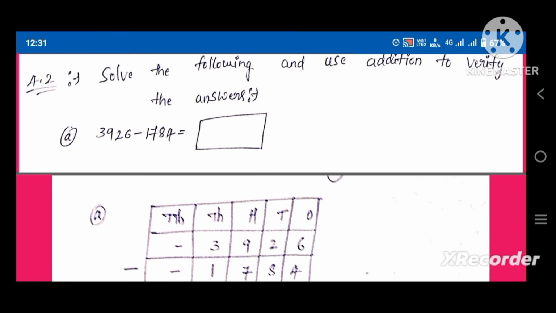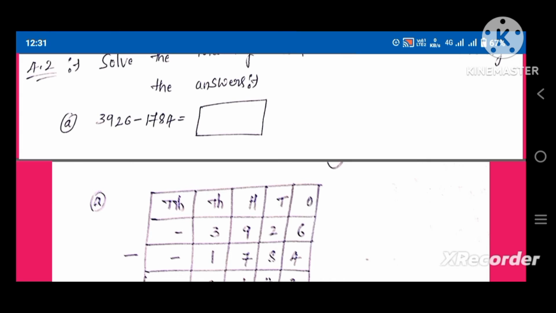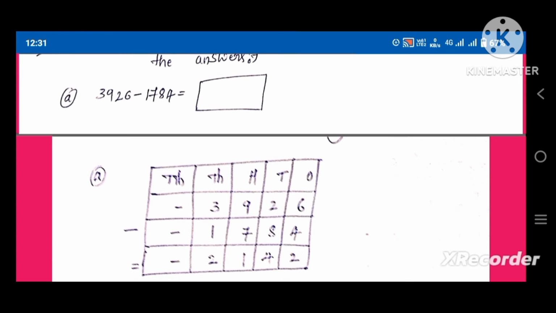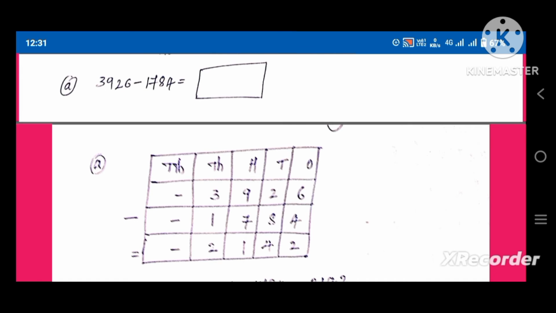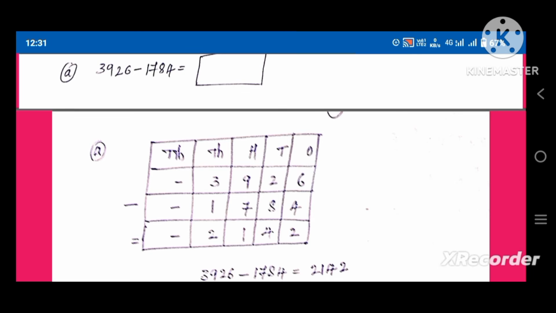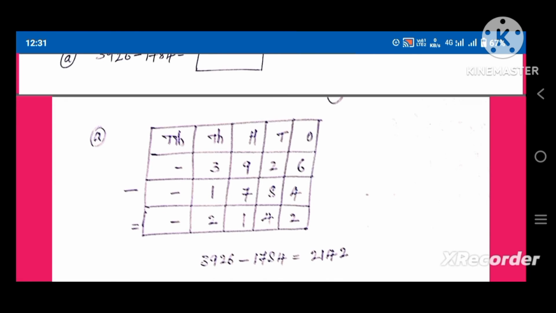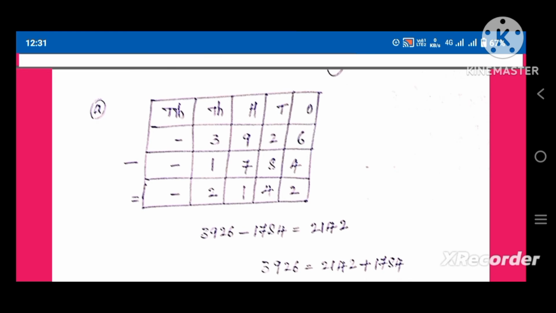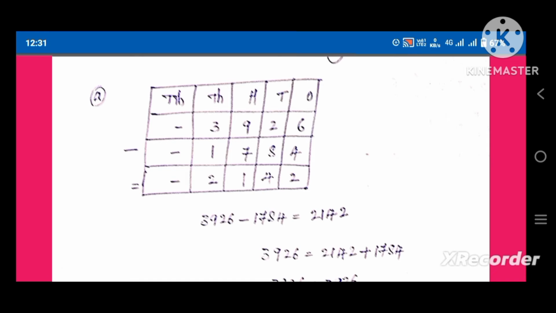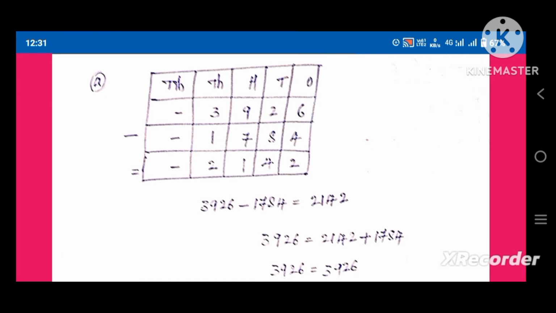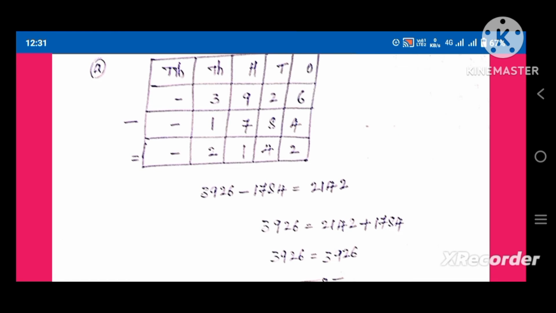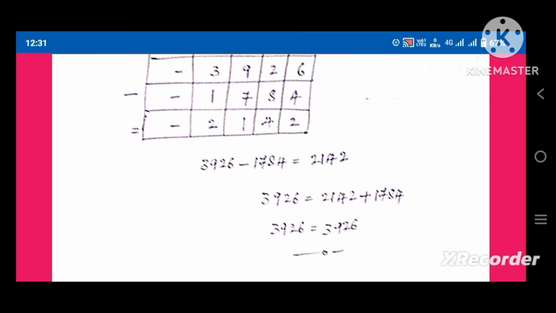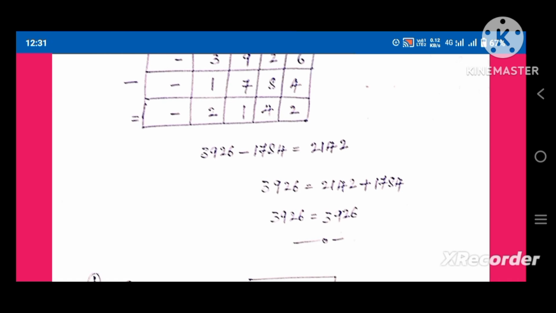We put the digits in a place value table and subtract it. We get the answer 2142.